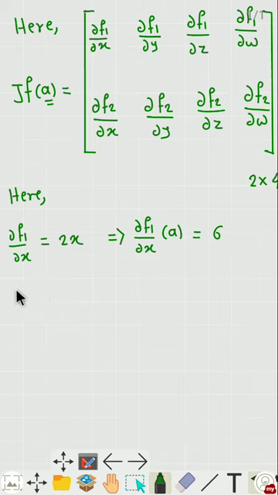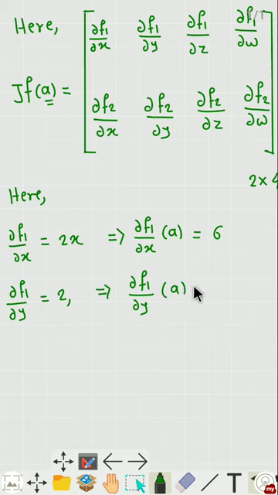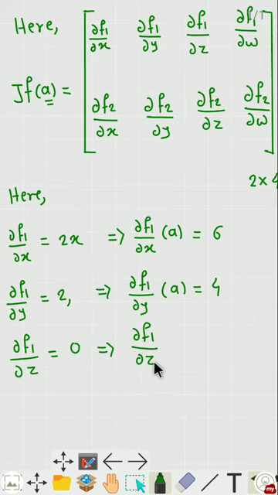Then dou f1 by dou y is 2, and this implies that dou f1 by dou y at point A is equal to 4. Then dou f1 by dou z is equal to 0, and this gives dou f1 by dou z at point A is again 0.